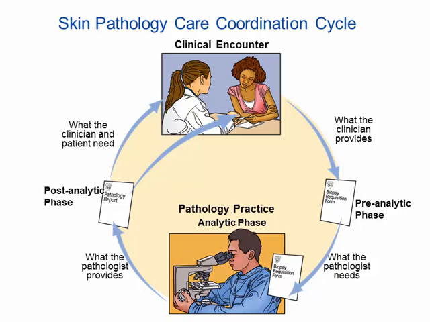The care coordination cycle, a multi-step process that begins with the decision to obtain a skin biopsy in the context of the clinical encounter and leads to the generation of a pathology report, which then factors into clinical management decisions, is complex. Each step in the skin pathology care coordination cycle is dependent on clear communication between multiple clinicians, members of the healthcare team, and the patient or caregiver.